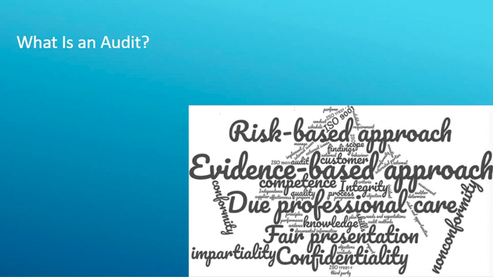So in this next slide, we ask the question of what is audit, or what is an audit? And I've presented this in a word cloud format. You can see the clouds in the word pick up on key aspects of audit.